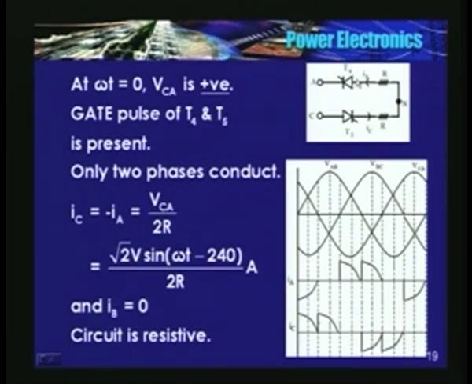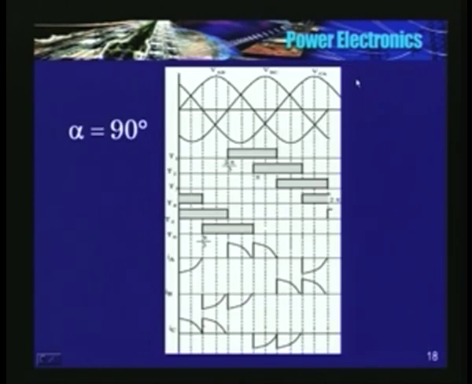And if you see the previous waveform, at this point I had stopped the gate pulses for T4 because no point having gate pulses beyond this point. But at that point itself, T6 is getting triggered.